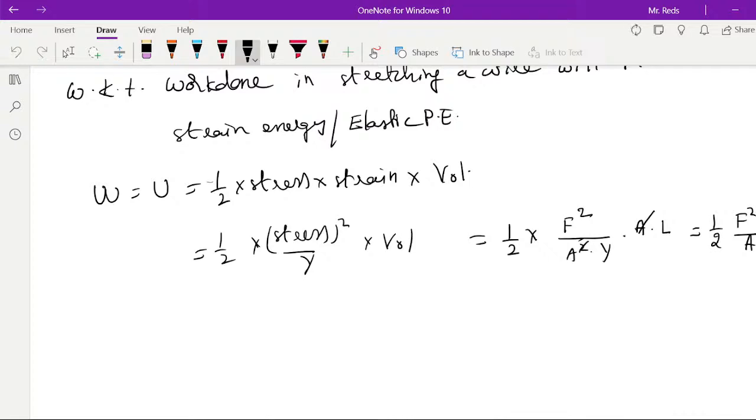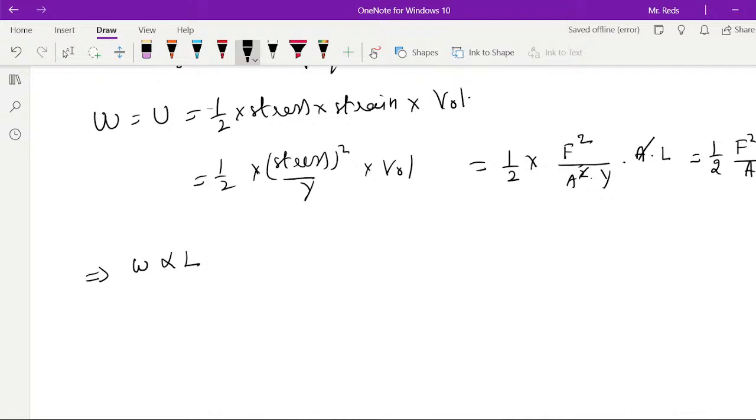Again, if you look at the given conditions, the same force acts, same diameter means same area, and both are made of the same material, and lengths are in some ratio. That means work done or energy stored is directly proportional to L. So W1 by W2 is equal to L1 by L2.